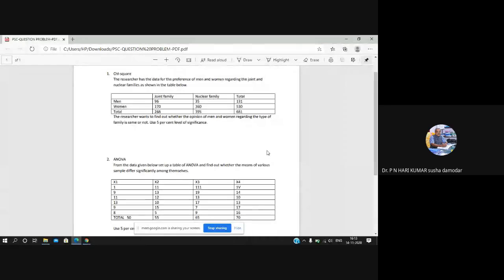So there is a hypothesis normally. What is the hypothesis we can formulate here? The preference of men and women in the joint family and the nuclear family. The preference of men and women is dependent on the type of family.